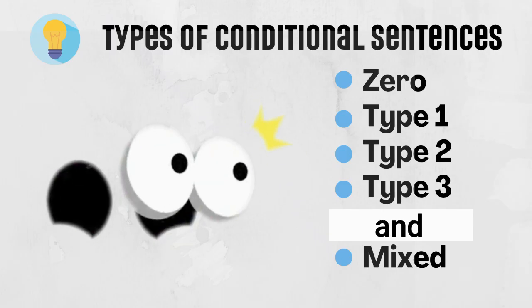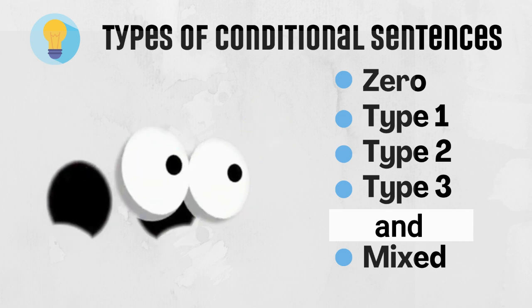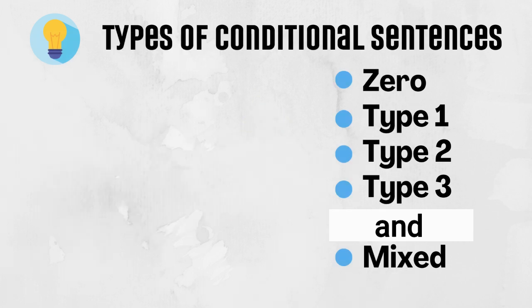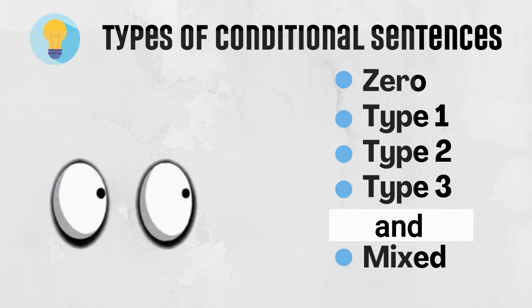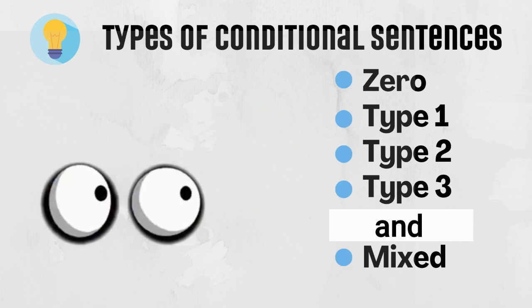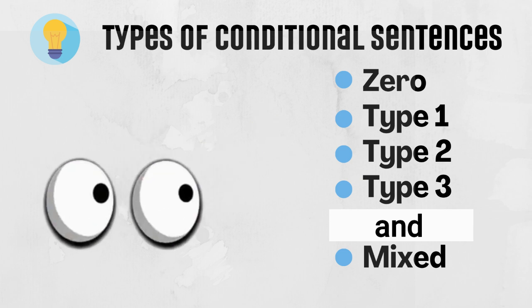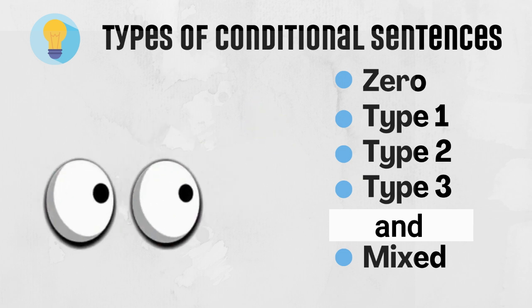There are four main types of constructing conditional sentences in English. In other words, there are four types of conditional sentences. We have 0, type 1, type 2, type 3, and we also have the mixed conditional. Ang wala na lang ay yung type ka, char.